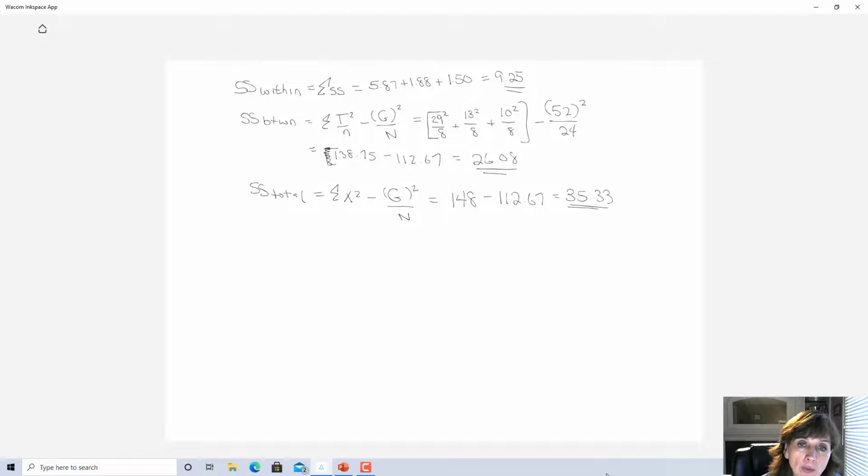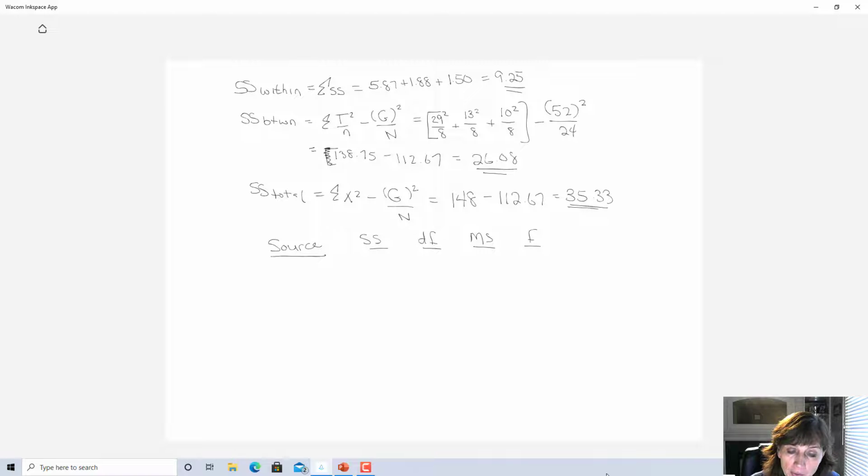So what I want to do next is put this in a source table so this makes a little more sense to you. I strongly recommend when you do ANOVA that you make yourself a little source table. It'll help you to keep all the parts straight. ANOVA is not difficult, but it has a lot of moving parts to keep track of, so I think it's good to put this in a table.